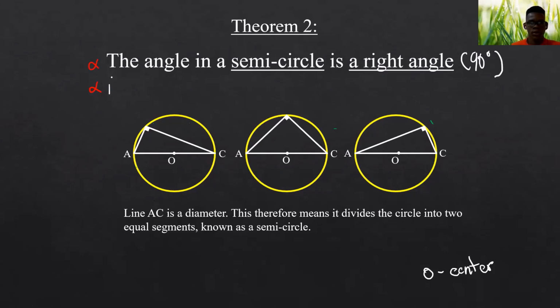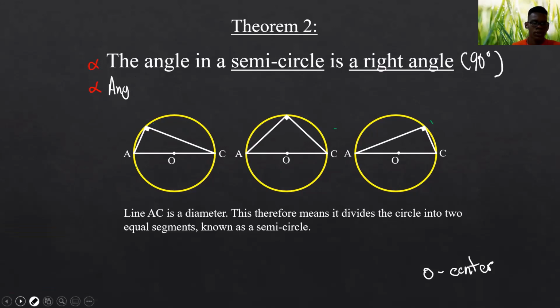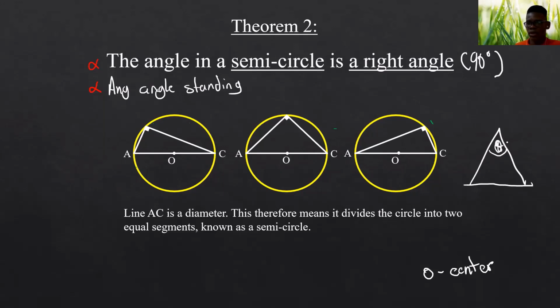If you will, any angle standing, again, we say it's standing on it. This is our angle. Anything around here, we say it's standing on this thing. The angle is standing on this thing, whether it's an arc or a line, whatever it is.